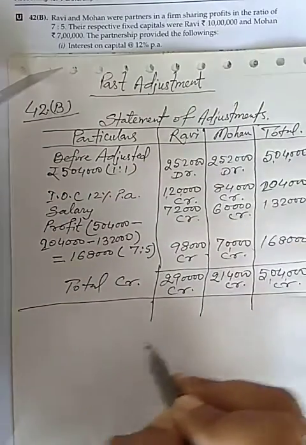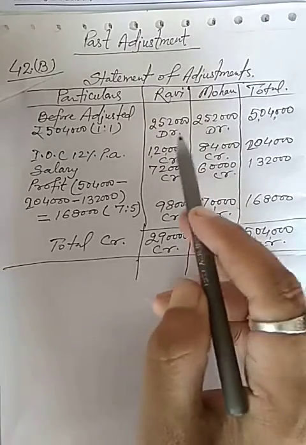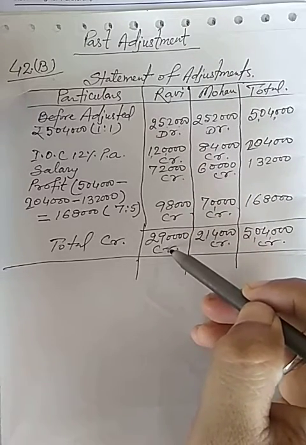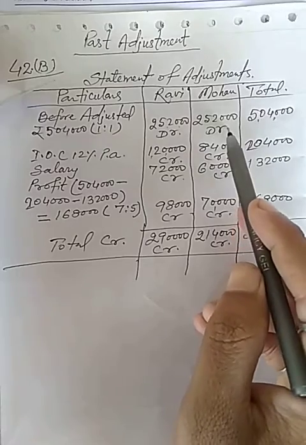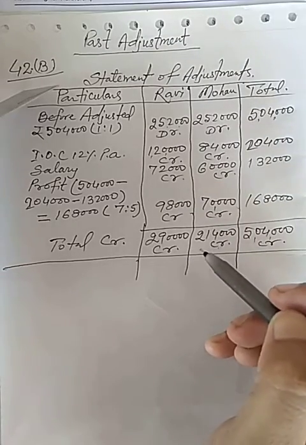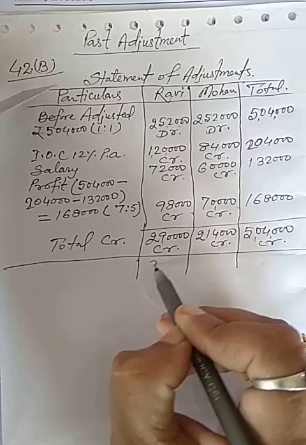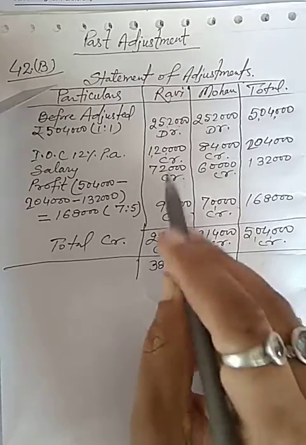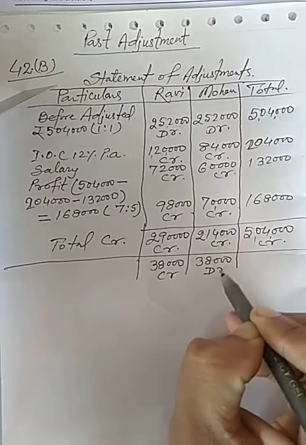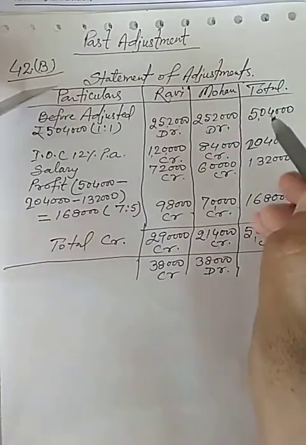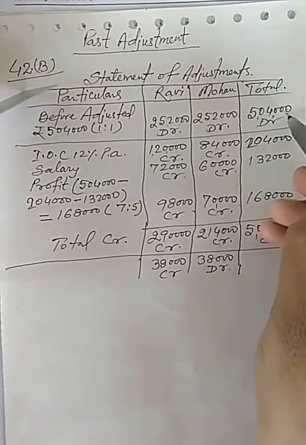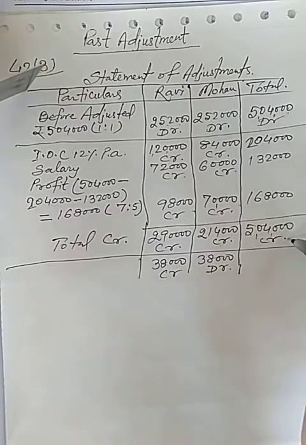So student, when we deduct debit from credit, it will affect 38,000 credit and 38,000 debit, and the 5,04,000 debit and credit will be cancelled.